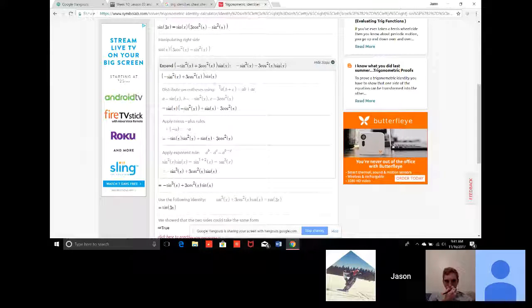And then somehow they dropped to 3 there? To 2? Maybe that's a typo, so that's still 2 there. And they distributed the parentheses to negative sine squared x plus sine x times 3 cosine 2x.